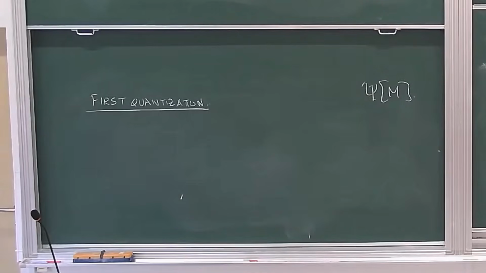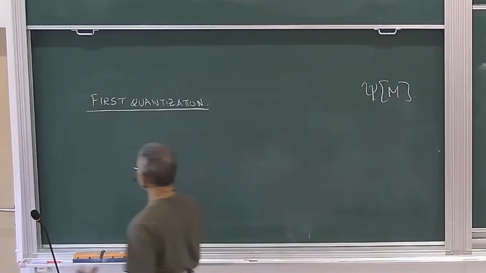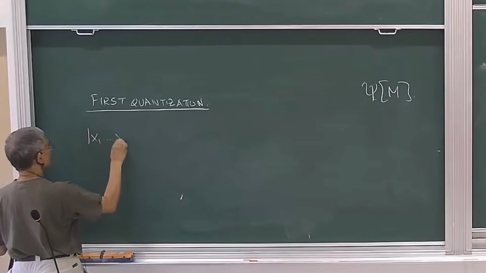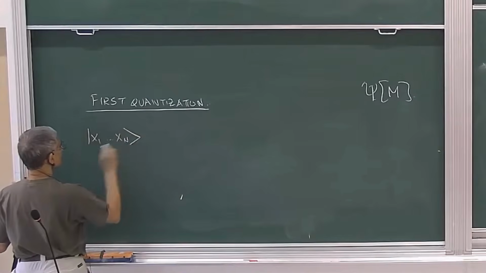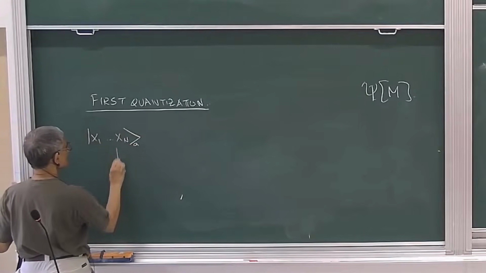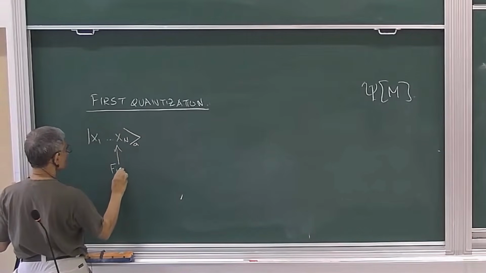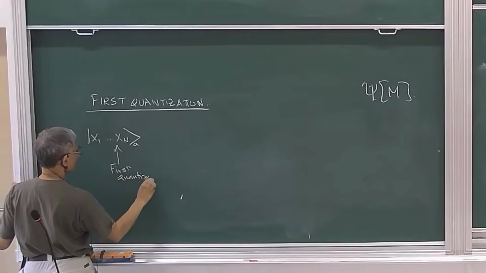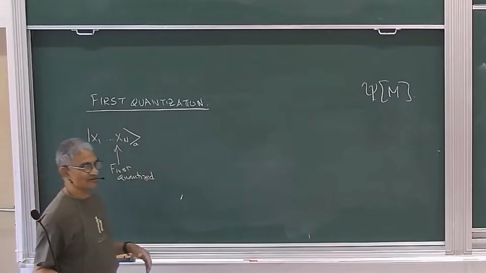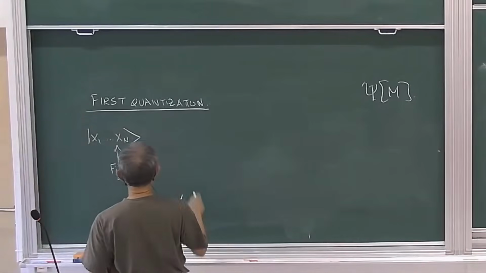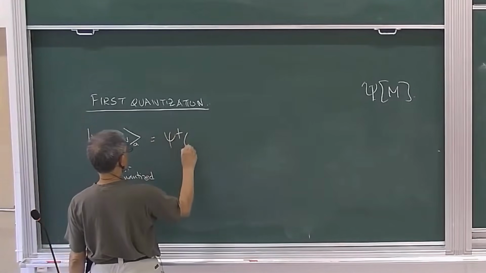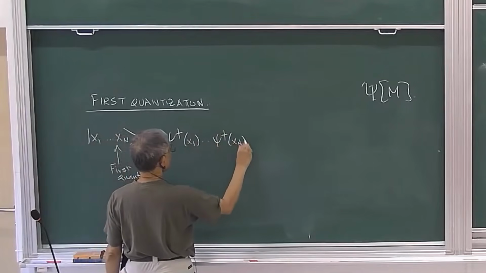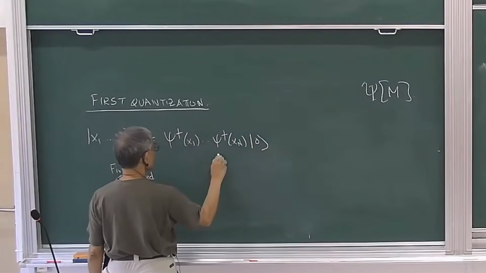I mean, there's no mystery here because, for example, the state with some number of particles. This is first quantized. A stands for antisymmetrization because we are dealing with fermions, is nothing but, and this is the second quantized description.